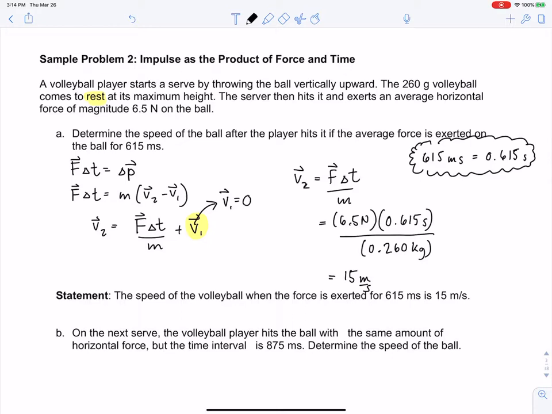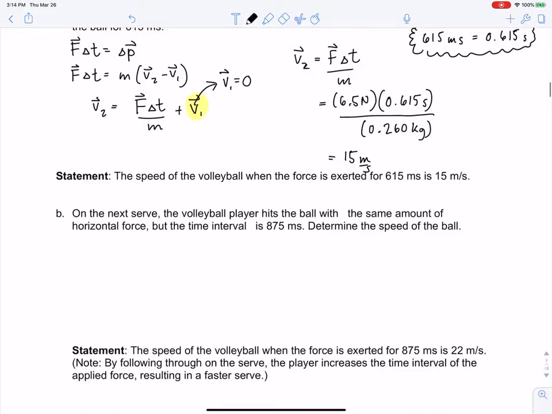In part B, we have the same initial conditions. The volleyball player throws the ball up in the air. The moment it's at rest in the air, the player strikes the ball with the same horizontal force, but this time the time interval is 875 milliseconds. So we want to see how this impacts the speed of the volleyball. The equation will be the same.